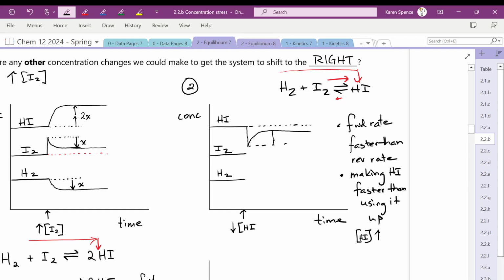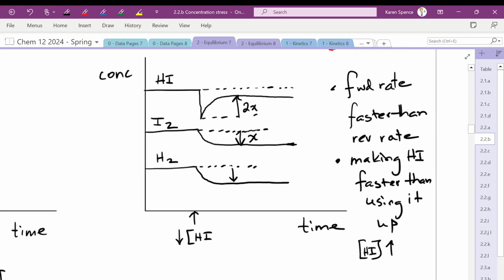Half as much. So I'm still going to call this 2x. You could call it x and then have half x, but I like whole numbers. Whole numbers are easier for me. So this is going to go down by x. And this one's going to go down by x. And I feel like maybe I should have used a ruler here, but I'm just going to straighten it out like that. There we go.